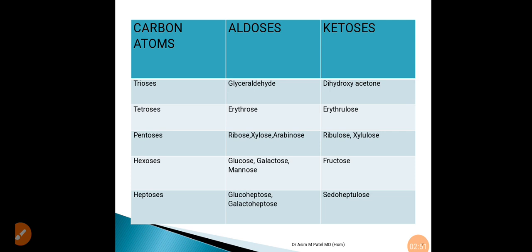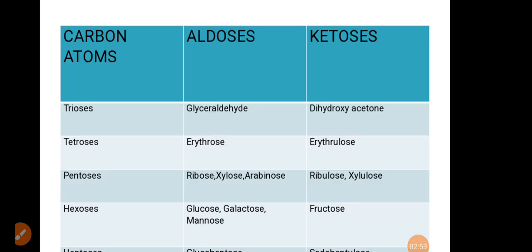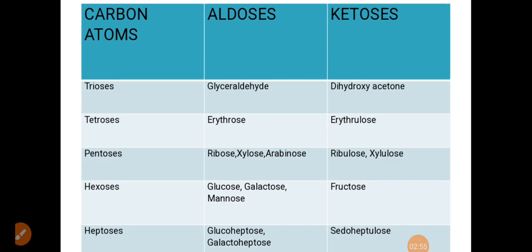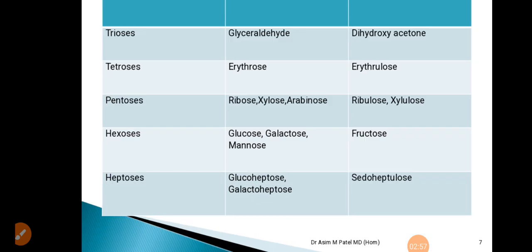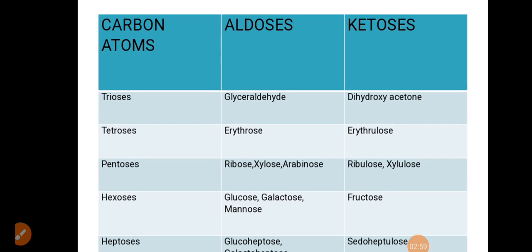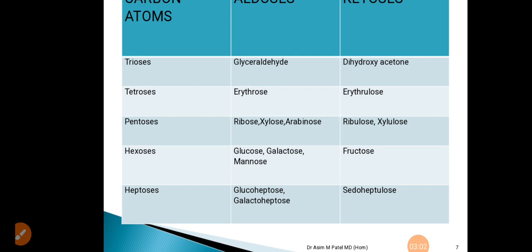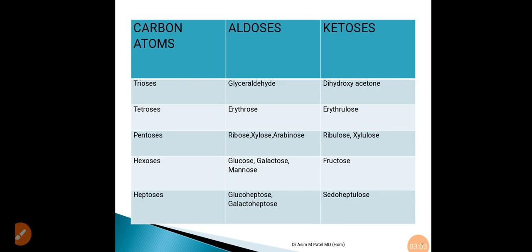Here in this table you can see the different types of aldoses and ketoses depending upon the number of carbon atoms. Depending upon the number of carbon atoms, they are classified as trioses, tetroses, pentoses, hexoses, and heptoses.